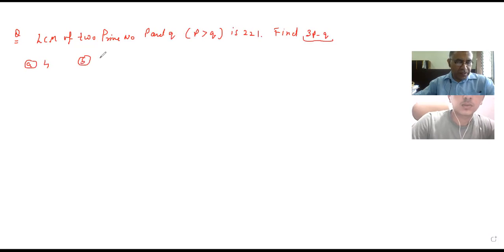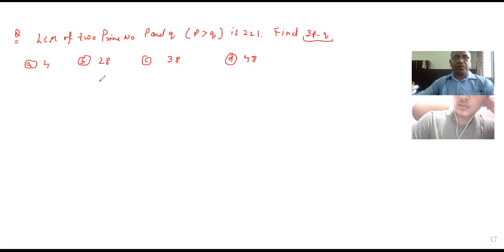Then answer is 28. Then answer is 38. Then answer is 40. दो नंबर्स का एलसीएम जो है वो आपको दे रखा है.